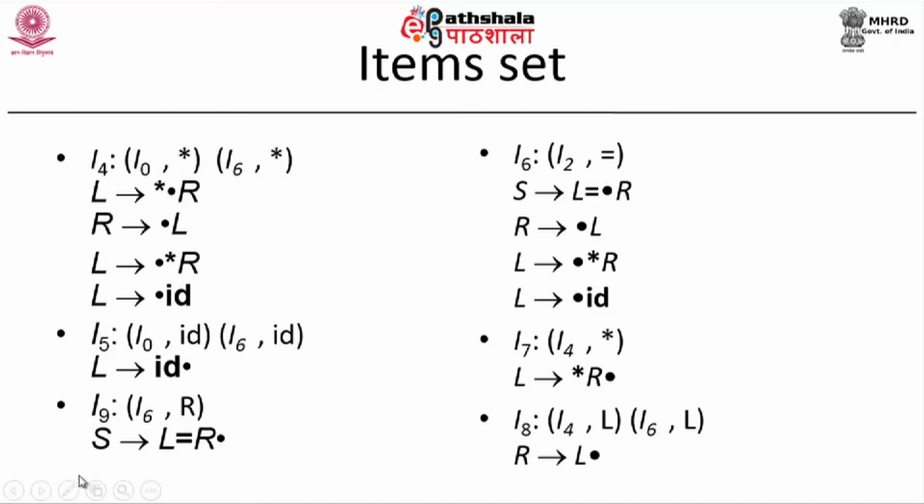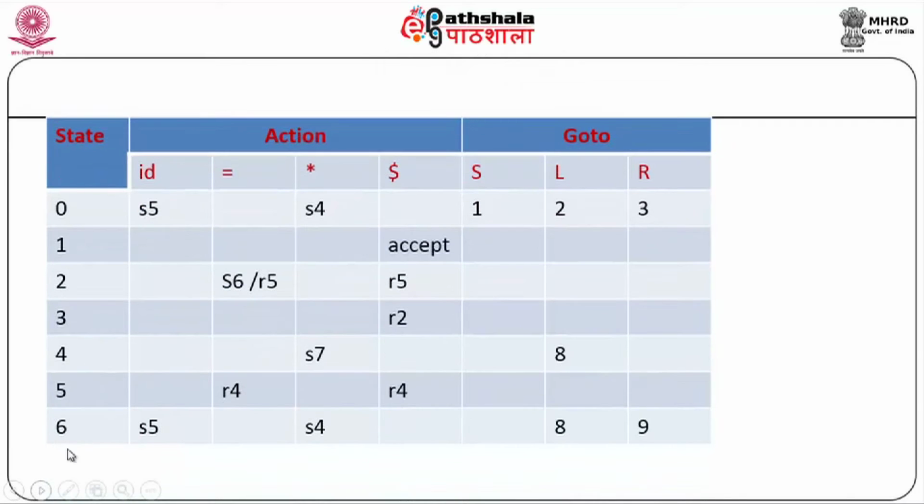So, that is what I have shown here as the entries, and the first item number has a production S dash produces S dot. So, at the intersection of S dash, I1, 1 and dollar, I have to put the accept action here.